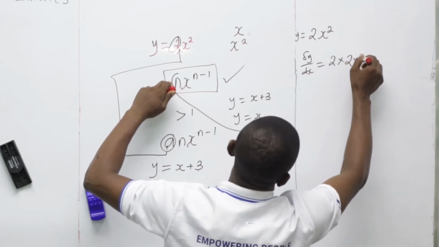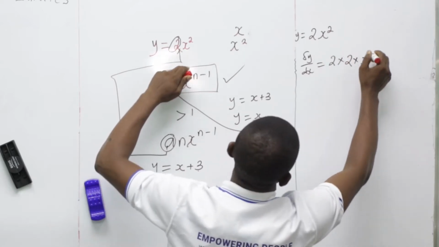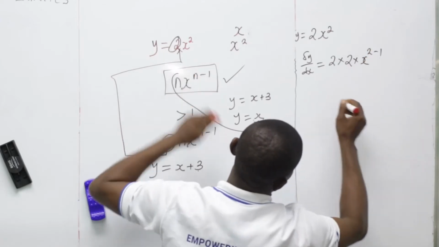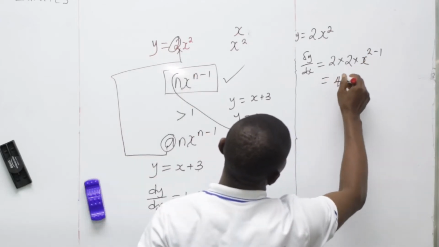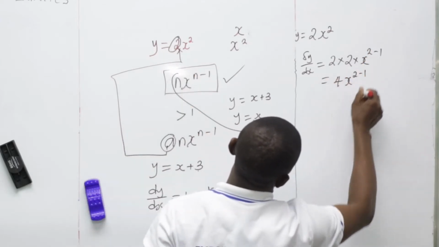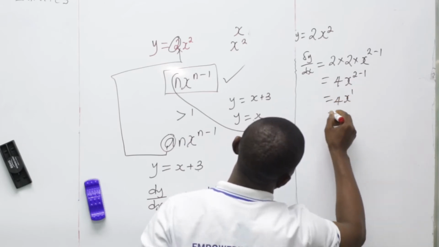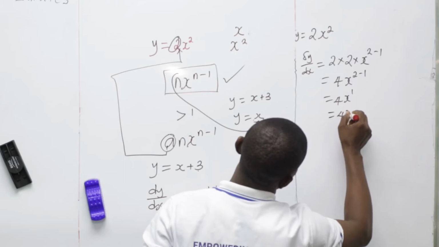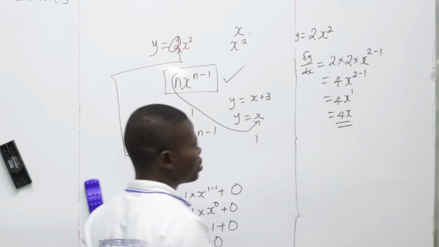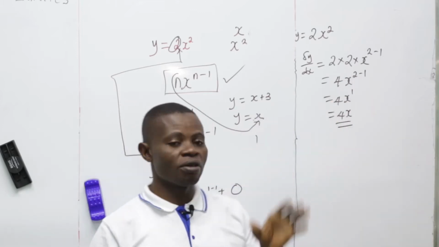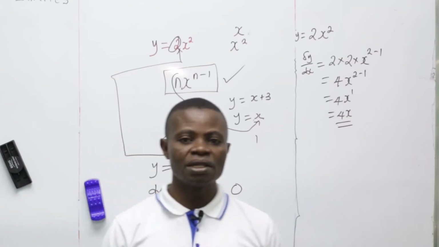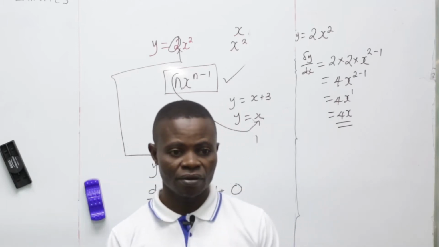Then multiplied by x raised to the power n minus 1, to give us 4x^(2-1), to give us 4x power 1, to give us 4x. In indices, anything raised to the power of 1 maintains that same thing.